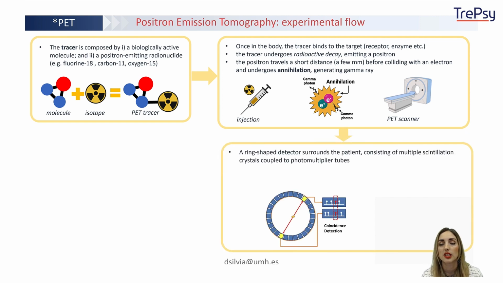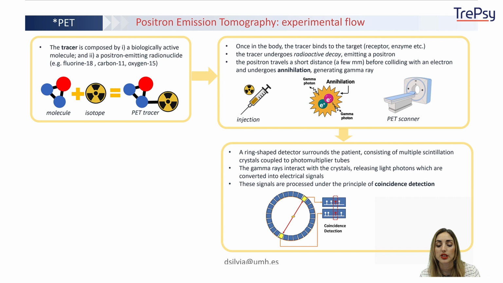How does it work? Just a few details about the PET scanner. It's composed of a ring-shaped detector which surrounds the patient or the animal, consisting of multiple scintillation crystals coupled to photomultiplier tubes. The gamma rays interact with the crystal, releasing light photons, which are then converted into electrical signals.